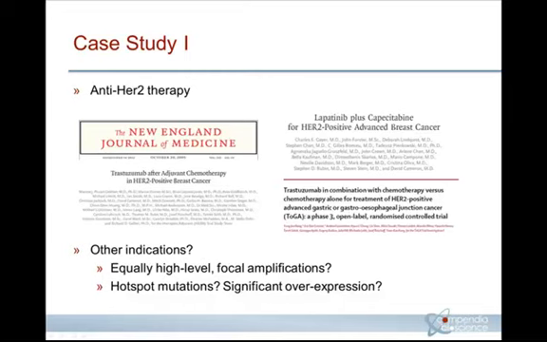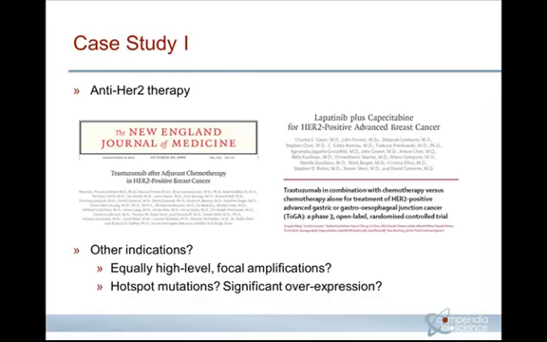So specifically, are there other cancer types or subtypes that have equally high-level focal amplifications of HER2? And asking the question from a somatic mutation perspective, do hotspot mutations occur in HER2 in particular cancer types and subtypes? And do we see significant overexpression of HER2, perhaps in cancers that don't undergo a high-level amplification? So that's the case study.